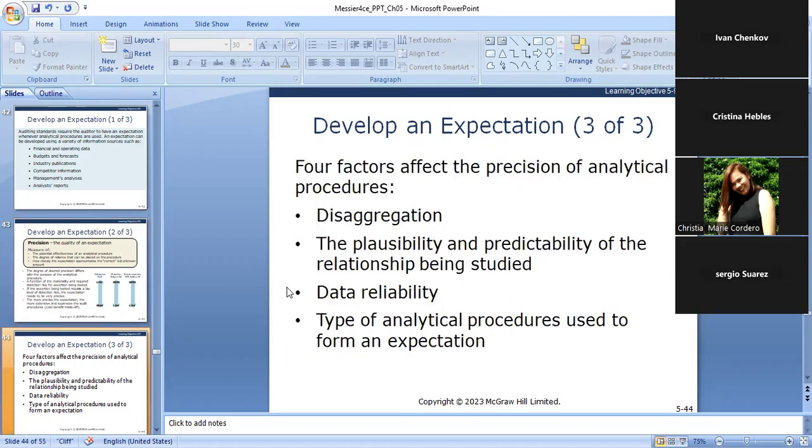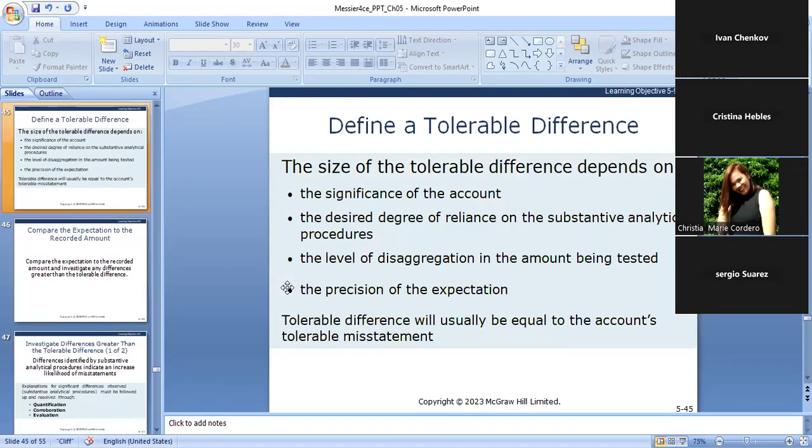So, develop the expectation. Now, the factors which affect the precision of the analytical procedures will be this aggregation, the plausibility or predictability of the relationship, data reliability, and the type of analytical procedures which are used to form the expectations. Tolerable differences: how are we going to define that tolerable difference? That will be based on the significance of the amount.